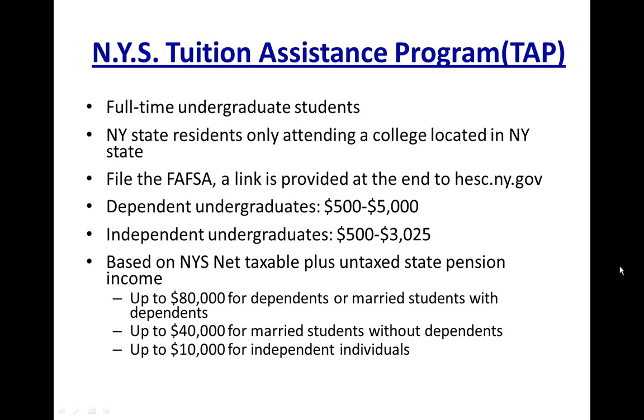Independent undergraduates range from $500 to $3,025. It's based on the New York State net taxable income plus any untaxed state pension income of up to $80,000 for dependents or married students with dependents, up to $40,000 for married students without dependents, and up to $10,000 for independent individuals.